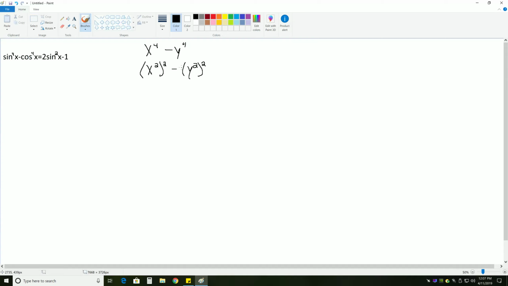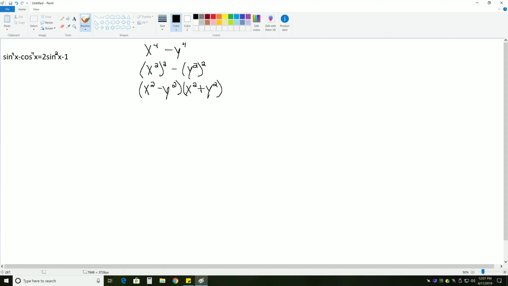And now this is a difference of squares, which would factor into x squared minus y squared times x squared plus y squared. And since x and y are just anything we want, then we can say that x and y are sine of x and cosine of x.